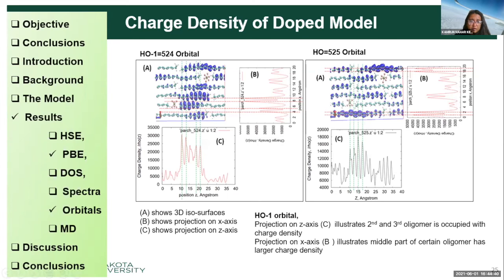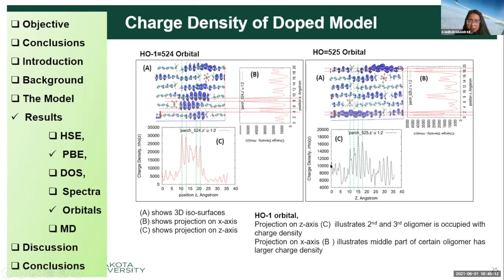So it's like that doping material affects the charge density. That's why it shows a peak in this area, in the third oligomer, and in the X direction, and in the Z direction it shows the highest peak, more charge density in the middle section.